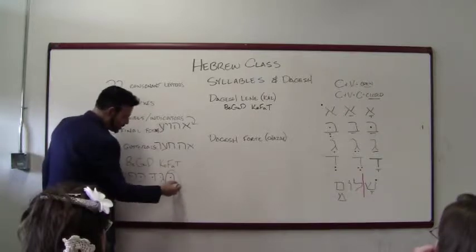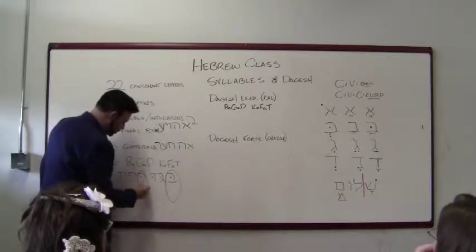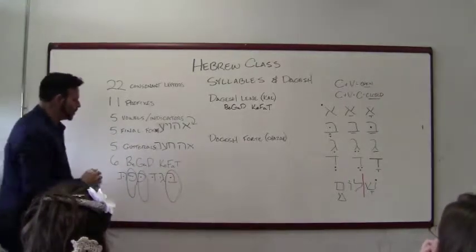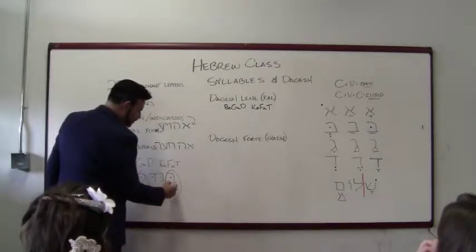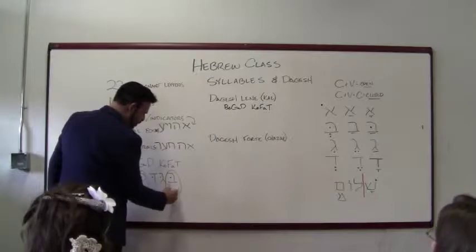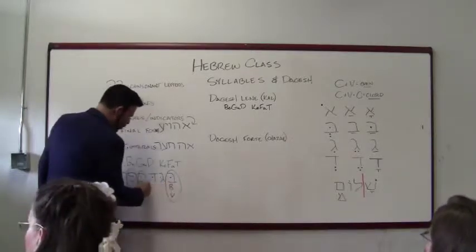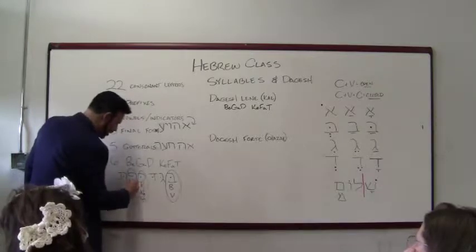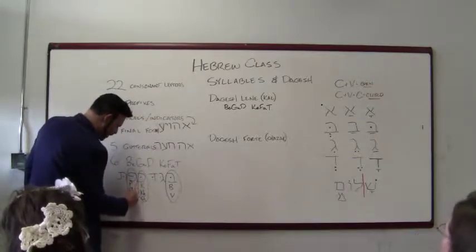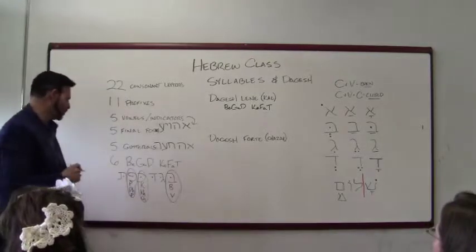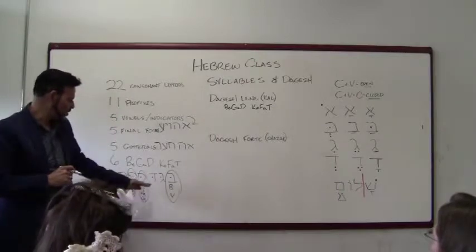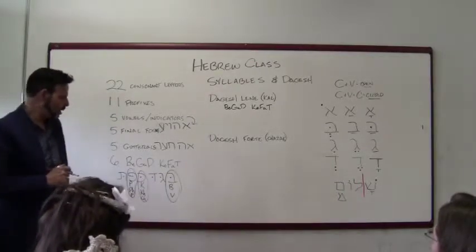Now we only pronounce in modern Hebrew a change in sound for these 3 letters, the bet, the kaf, and the pei. Without the dagesh in the center, it would be a V here instead of the B. We'd have a KH or CH sound instead of the K, and we'd have a PH, we could say F, instead of the P. So it softens the P to a PH, the K to a KH, the B to a V sound.